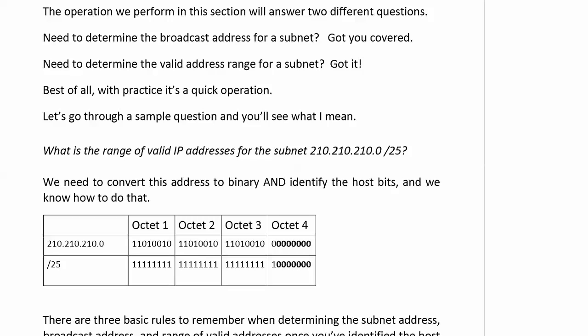So your broadcast address for this subnet is 210.210.210.127. So everything in the middle, 210.210.210.1 through 126, that's your range of valid IP addresses. And it's just that simple. It's just that straightforward.